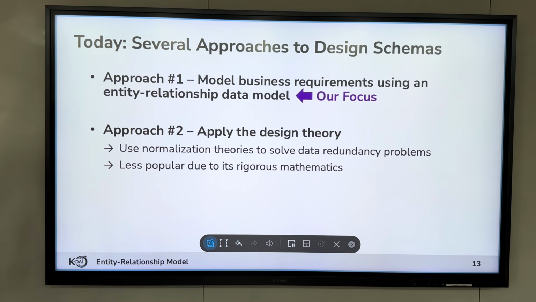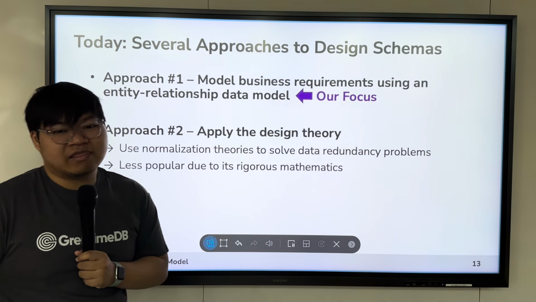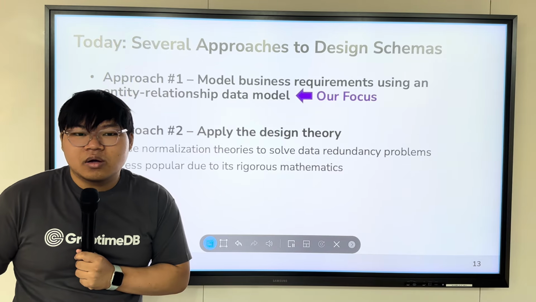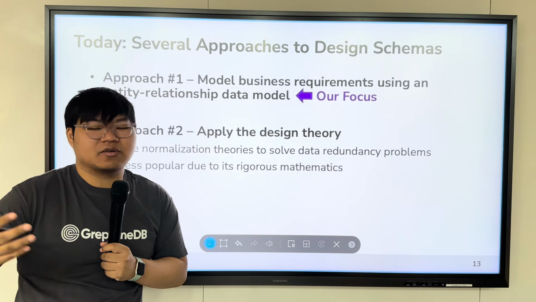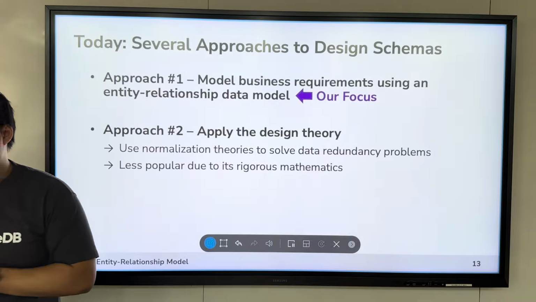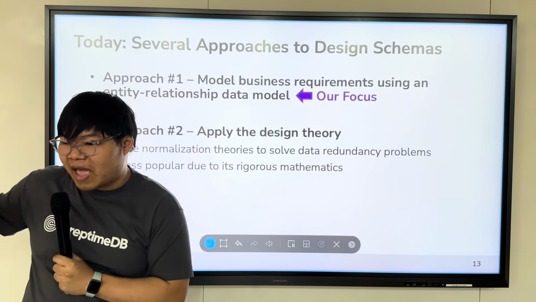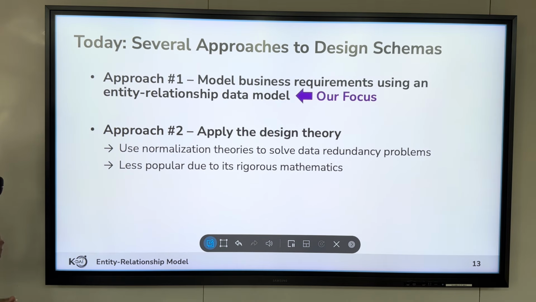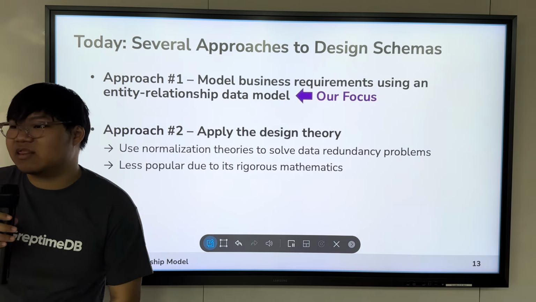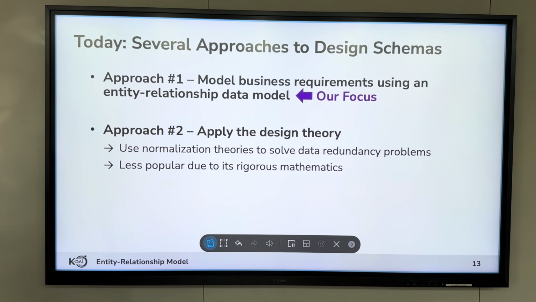The second approach is that you use the design theory by Ted Codd, who invented the relational data model. He put it in a paper back in the 1970s or 80s. They call it normalization theory. You can use it.